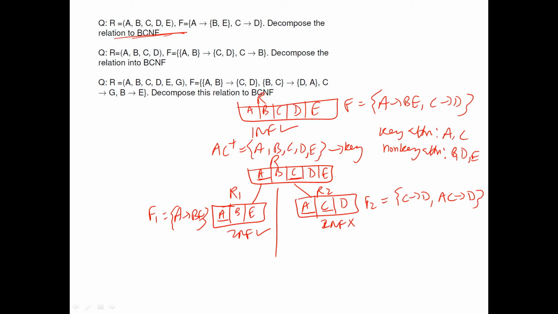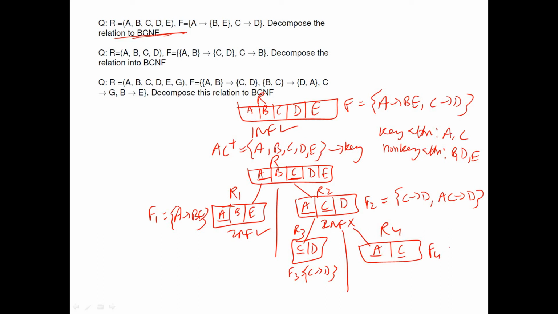Because D is the non-key attribute that is depending on C only, not on AC. So that has to be separated out. Let R3 be CD, F3 contains C to D, and the details available are AC only, that is R4. My functional dependency F4 is AC to AC.